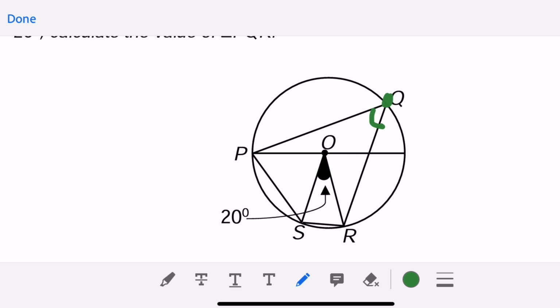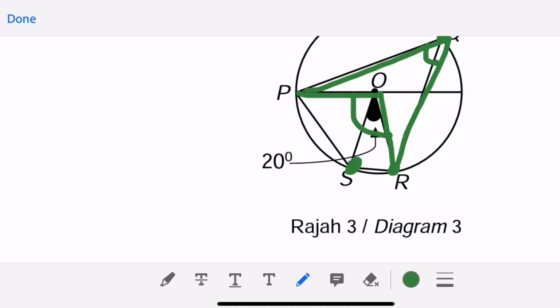Now let's figure out how to find this angle. We need to find this angle at the center, then this angle will be half of that, right?